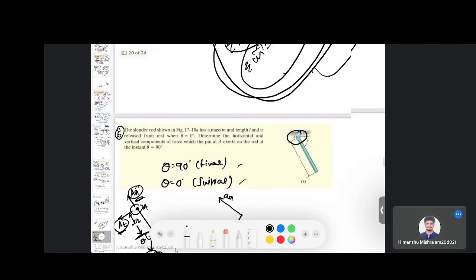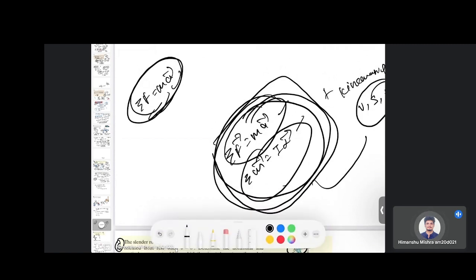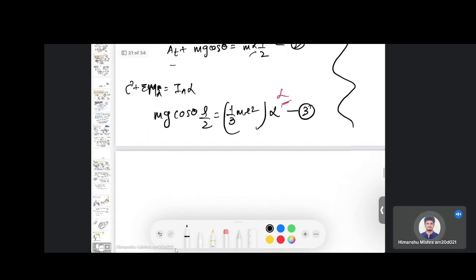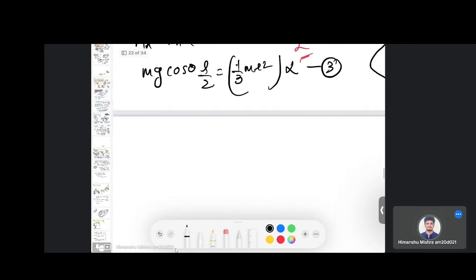As I told you before this question, apart from the force and moment balance equations, I will also use the kinematics relations. So let's use some kinematics relations. One of the kinematics relations is omega d omega equals alpha d theta. You can see this in the lecture.